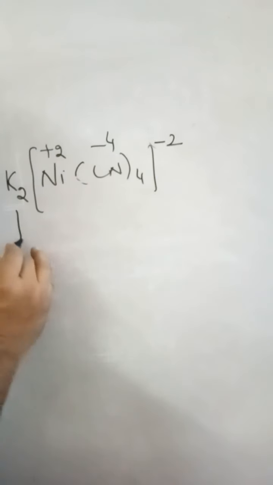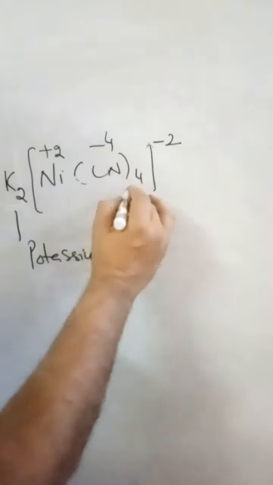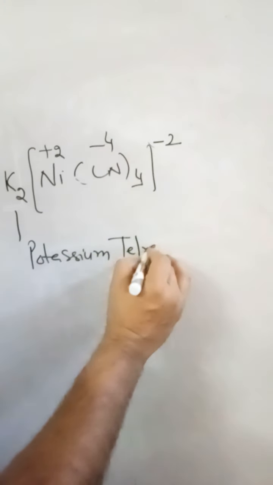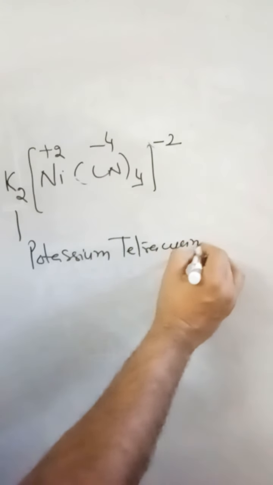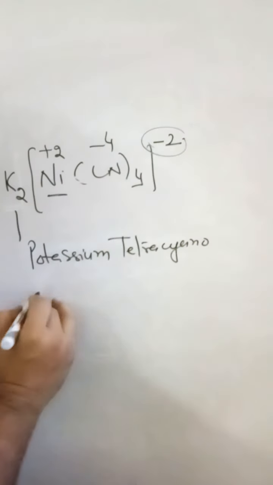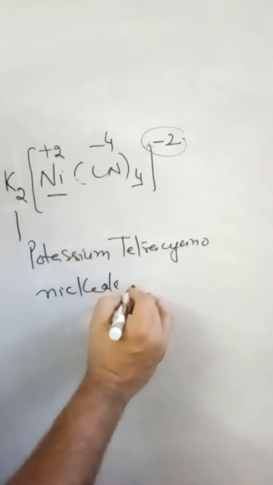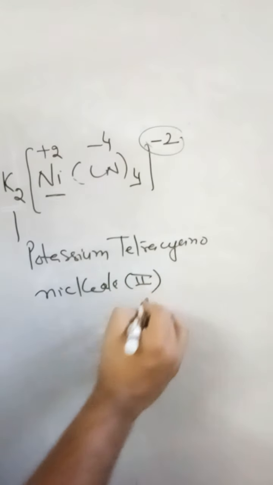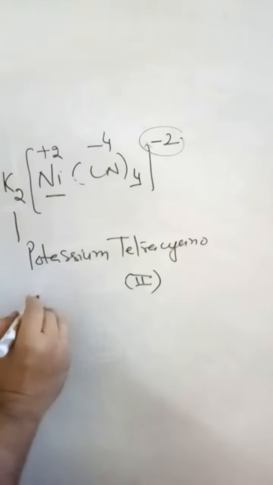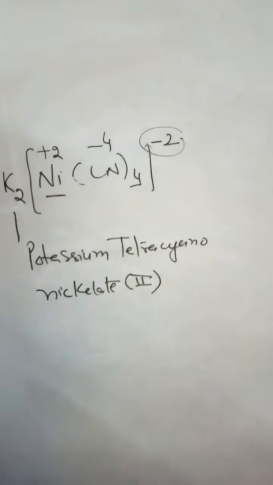So the name is potassium tetracyano. Now nickel, as it is negative, so this is nickelate(II). Nickelate(II).